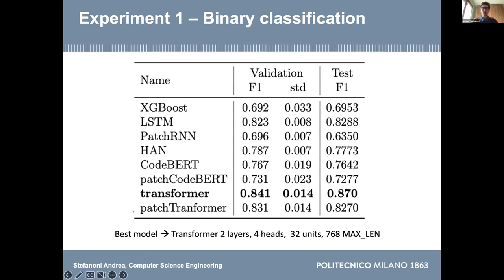Then we can see also that all the models that have the input separated, so in two different models, achieve a worse result with respect to the ones that are concatenated.